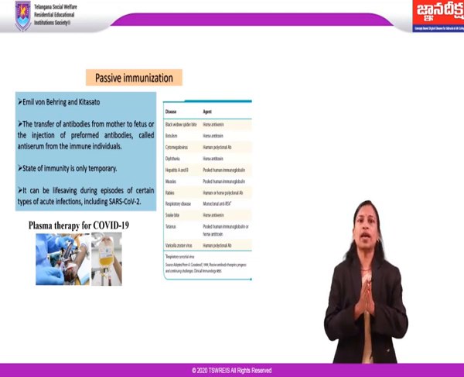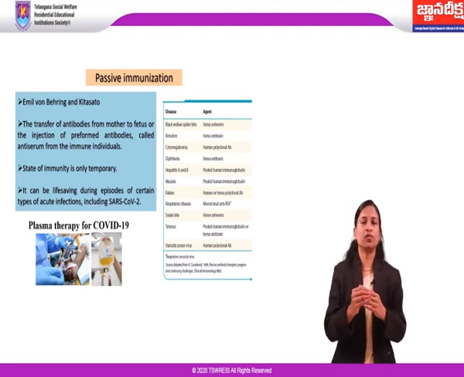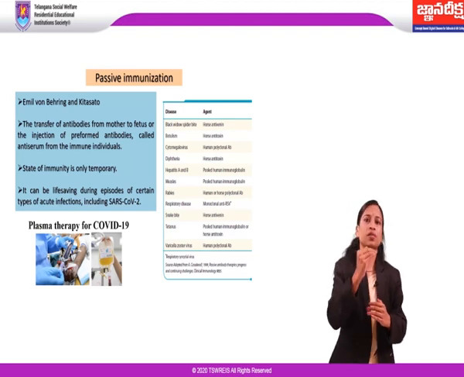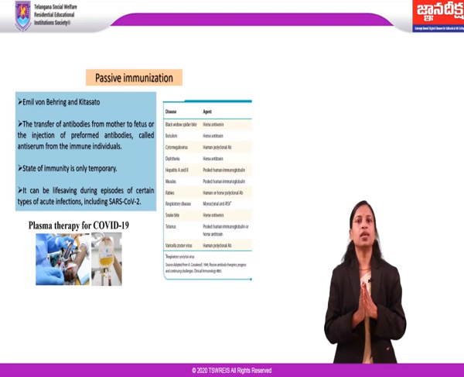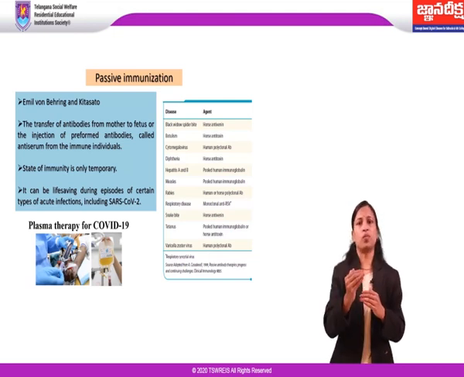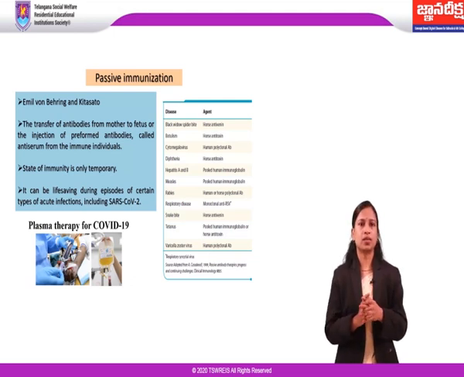Before vaccines and antibiotics became available, passive immunization was the only effective therapy for some fatal diseases such as diphtheria and tetanus. Passive immunization can be achieved naturally by the transfer of antibodies from mother to the fetus and artificially by injecting pre-formed antibodies from immune individuals to recipients.